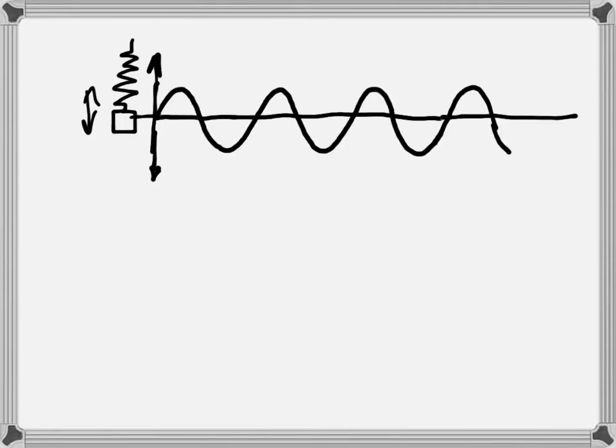So the answer is that the wave that is going to propagate in this rope is going to be a sinusoidal wave. We're going to call it a sinusoidal wave because if we take a picture of the wave at any given moment, it looks like a sine curve.